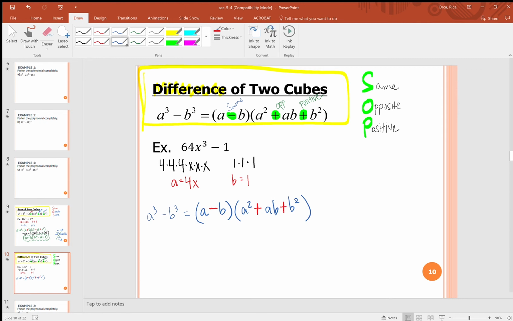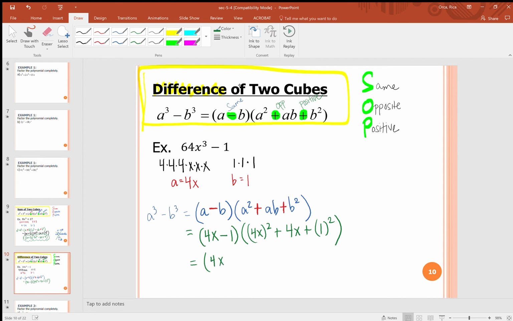Let's fill in our A and B values. A is 4x minus 1 times 4x squared plus, and then we have 4x times 1, which is 4x plus 1 squared. Let's keep going.